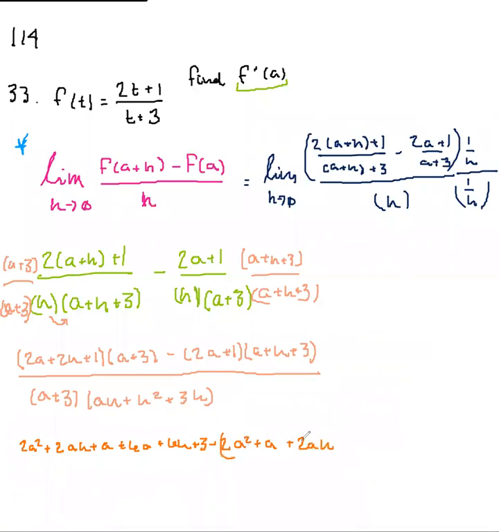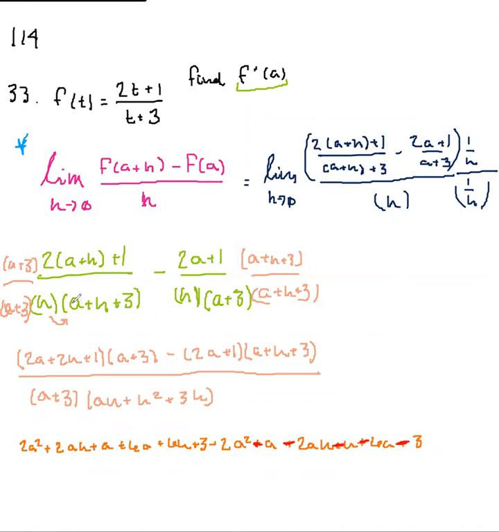This is going to be in parentheses: 2ah plus h plus 6a plus 3. So I'm going to kill that parenthesis and distribute this minus sign, right? Because that's how I want to live my life. I'm just going to distribute this minus sign to all of these. So this is going to be minus a, minus 2ah, minus h, minus 6a, and minus 3.